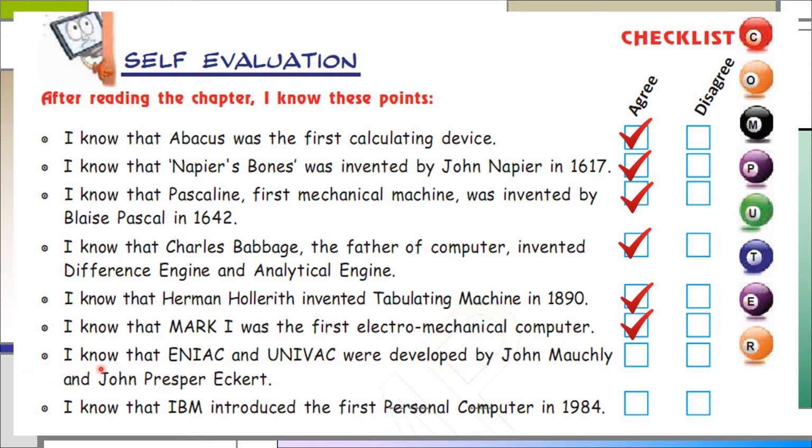I know that ENIAC and UNIVAC were developed by John Mauchly and John Presper Eckert. Yes, I know that IBM introduced the first personal computer in 1984. Agree.